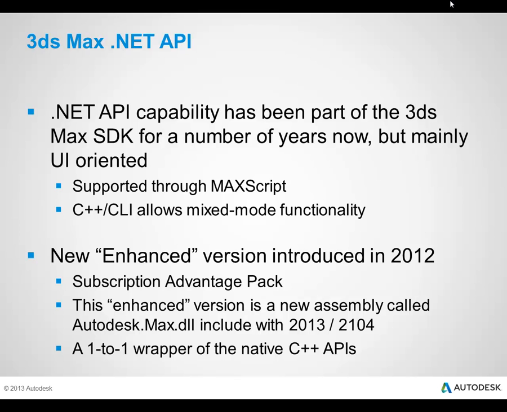The framework was implemented to support interop through MaxScript. So to answer that question you had earlier, you can actually write functions in .NET and call them from MaxScript. There's some specialized MaxScript syntax that allows you to call directly into your .NET API libraries.